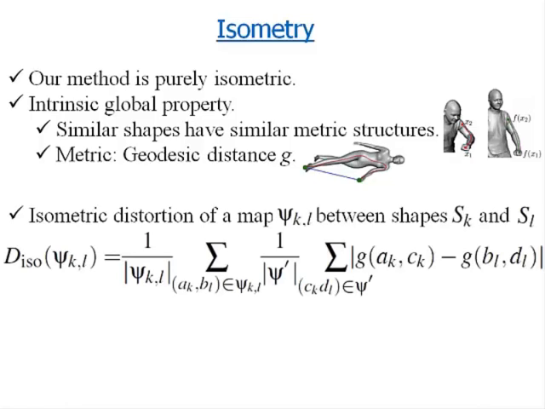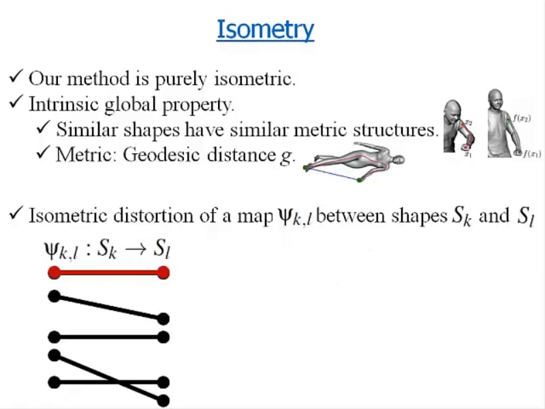And since our method is isometric, and I have mentioned this overall distortion in the beginning, to be specific, I mean the overall isometric distortion. So I need to define a function that measures the quality of a given mapping in terms of isometric distortion. It is like this.